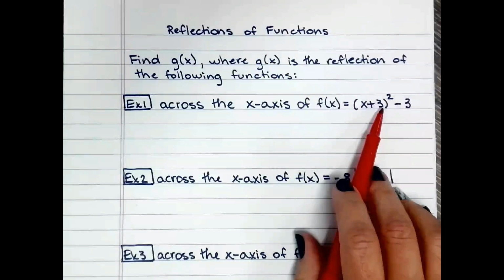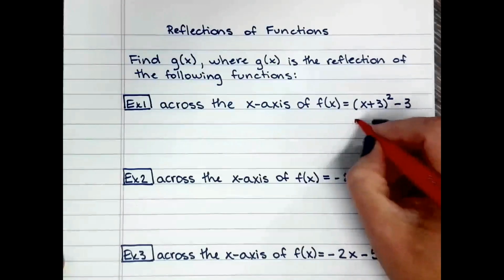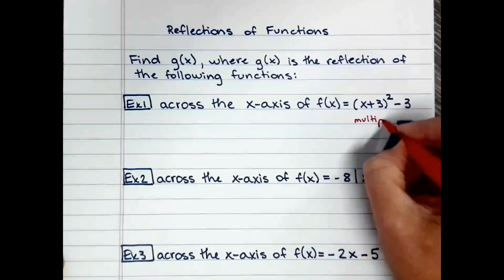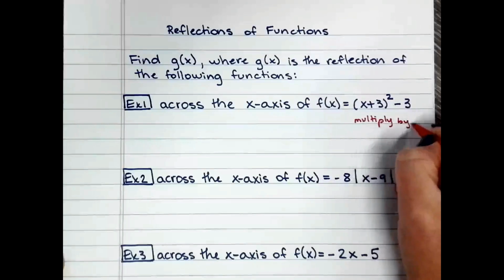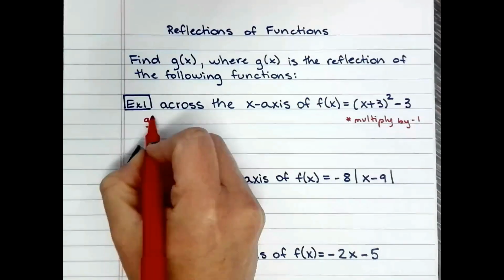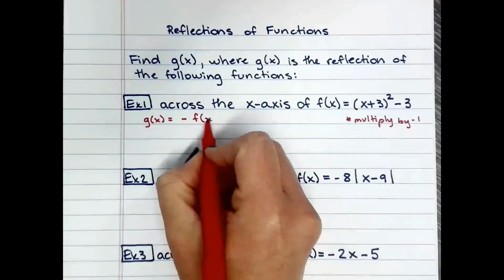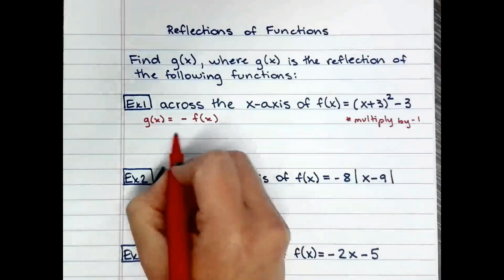This is a quadratic function. So every time we're reflecting across the x-axis, we multiply by -1. Okay? So we have g of x. So we're multiplying the whole function by -1.